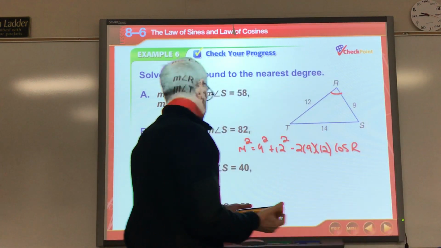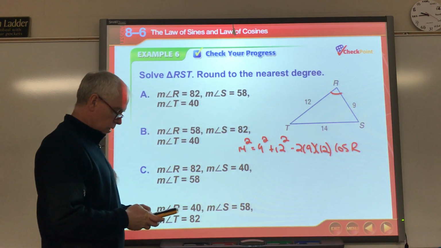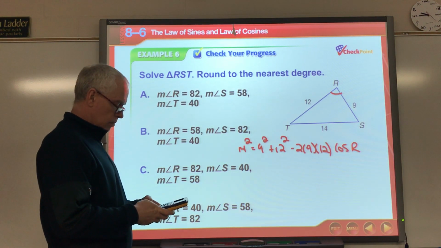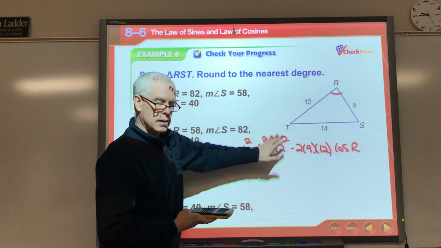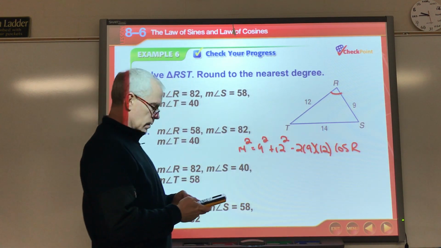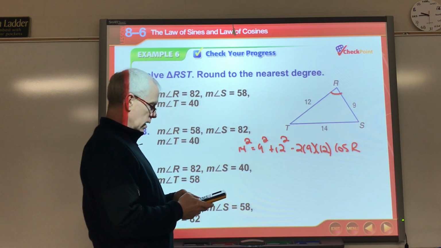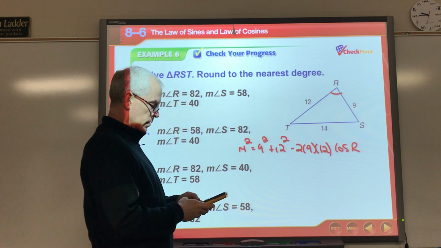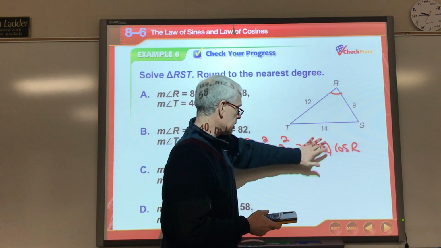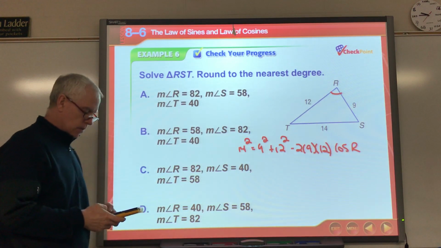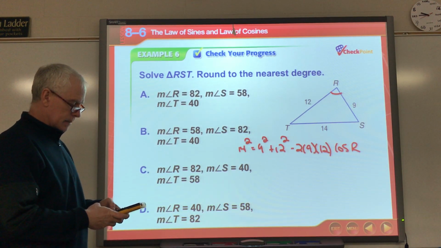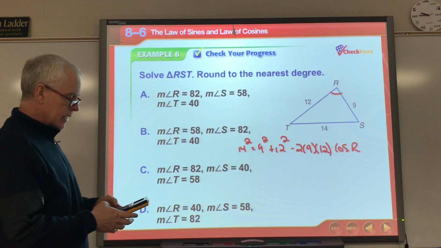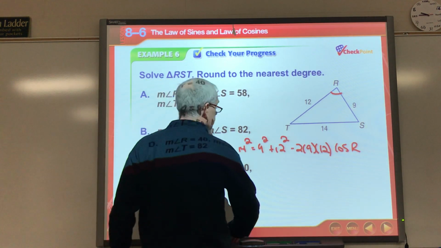And so in our calculators, let's go 14 squared minus 9 squared minus 12 squared, eliminating these guys here, okay? And then I'm going to divide by negative 2 times 9 times 12, eliminating that. So I have cosine r by itself. So I'm going to type in inverse cosine of what I got. And I get 82.3 degrees.